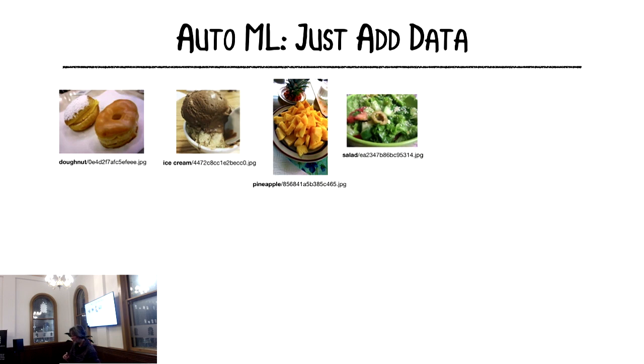Okay? These are some of the 4,800 images for a healthy snacks classifier. There are 20 classes with about 350 images each. My co-author hand curated I don't know how many thousands of images to get these 4,800. Okay?